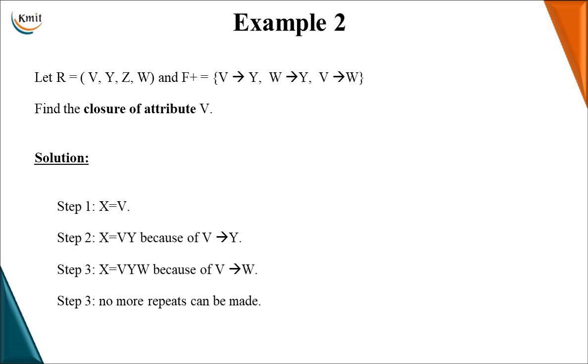V determines W allows me to include W. There are no more functional dependencies, so my closure, V plus, will only contain V, Y and W. Hence I can say that it's not a candidate key.